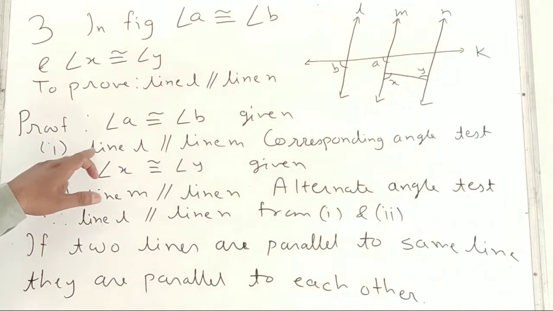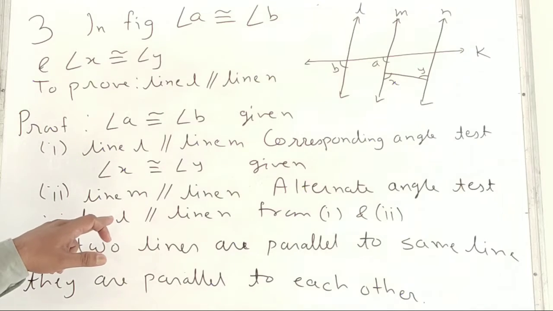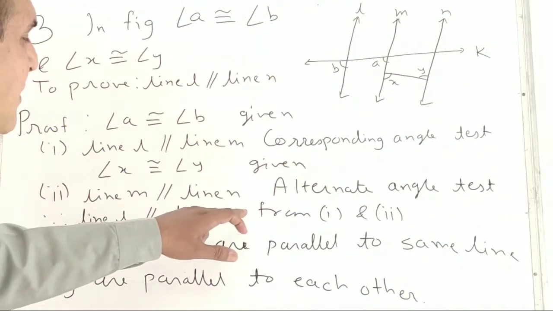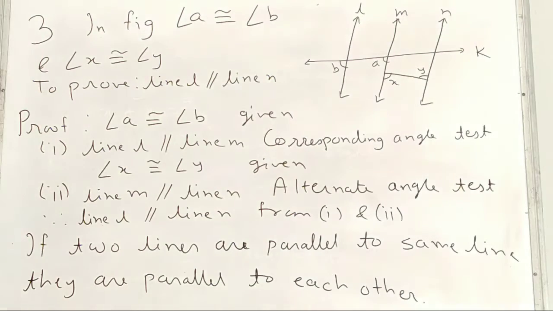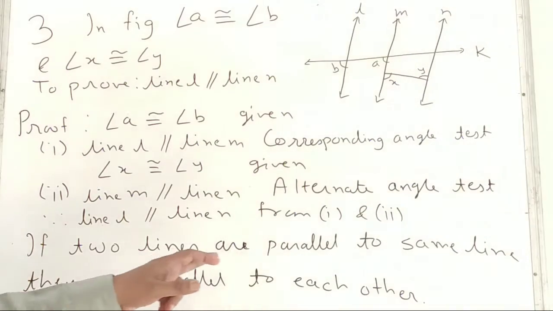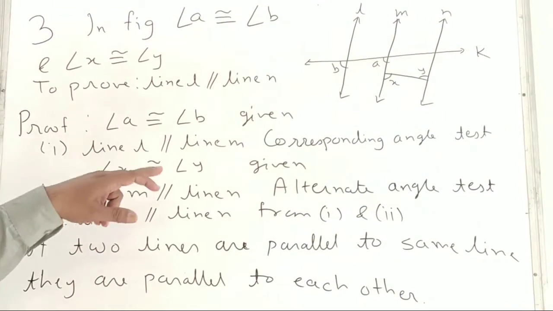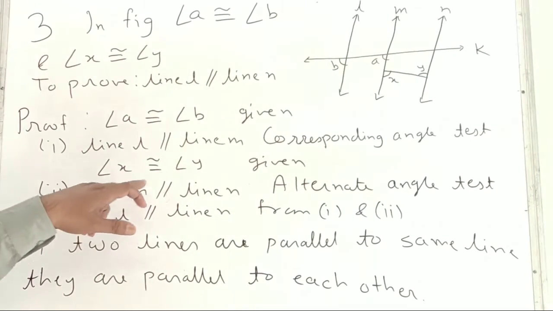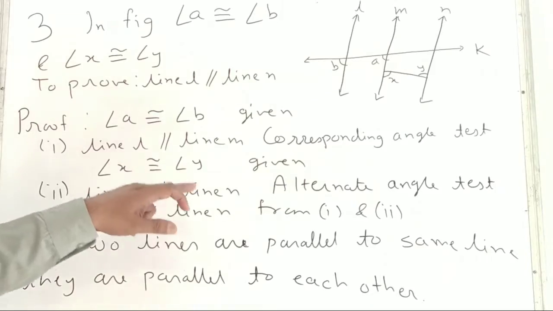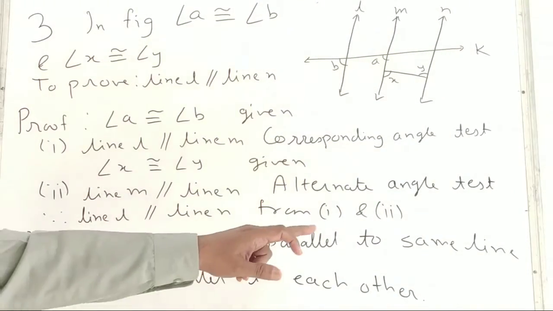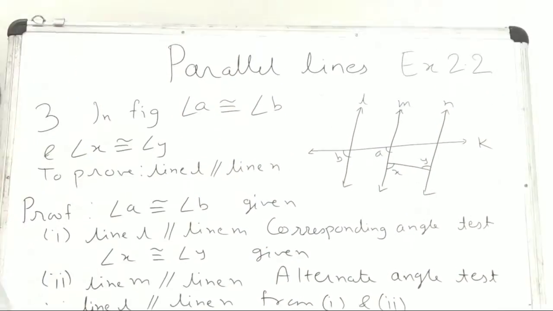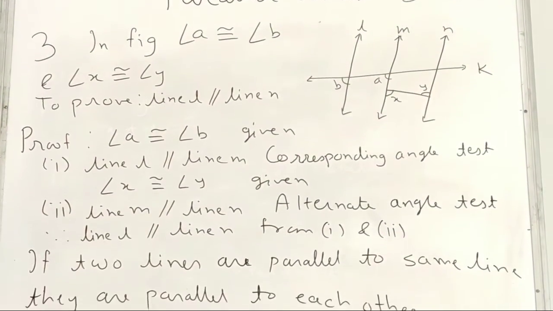From 1 and 2, line L is parallel to line M, and line M is parallel to line N, and therefore line L is parallel to line N. If two lines are parallel to the same line, they are parallel to each other. Finish. Understood?